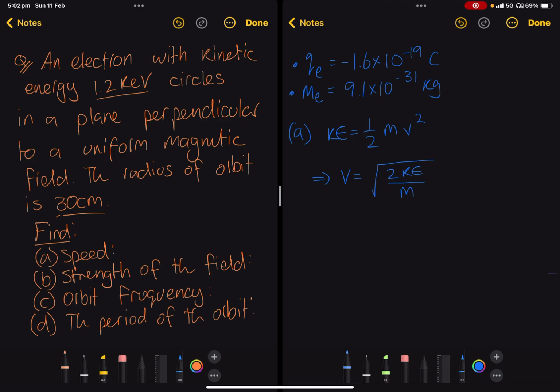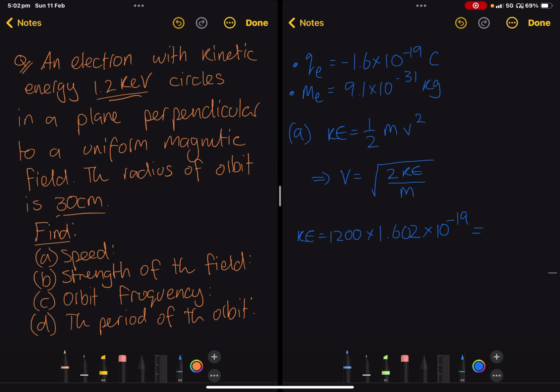So the way that we do this is, if the kinetic energy is 1,200 electron volts, to convert it, we'll be multiplying it by 1.602 times 10 to the minus 19.